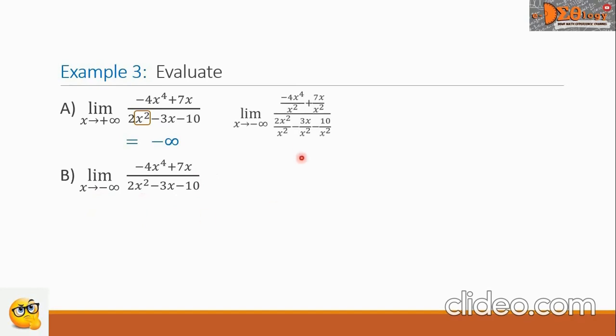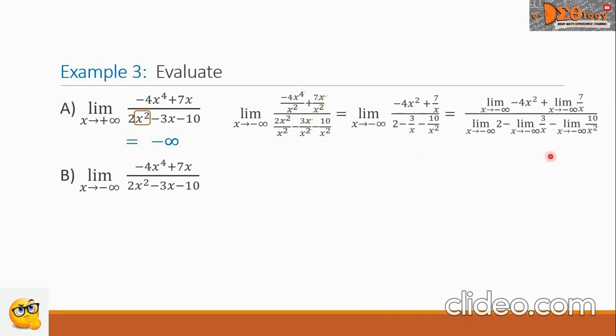So we have this expression. The next step is to simplify some fractions, and we rewrite the simplified fraction. And from here, we will show the limit of each of the terms of the numerator and denominator respectively.